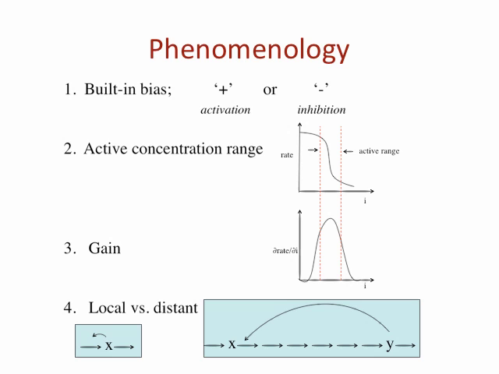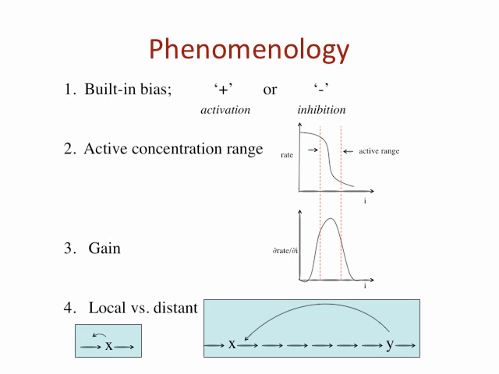The fourth concept is the issue of local versus distant location. Often, regulation is exerted by a compound on the reactions that flow into or out of the node that compound represents in a network. That would be local regulation.